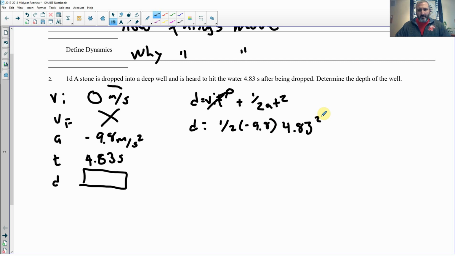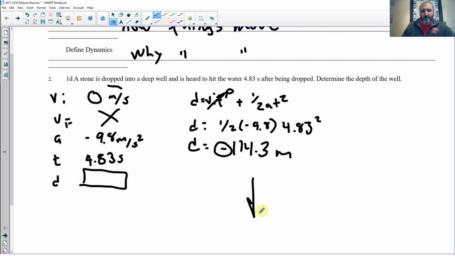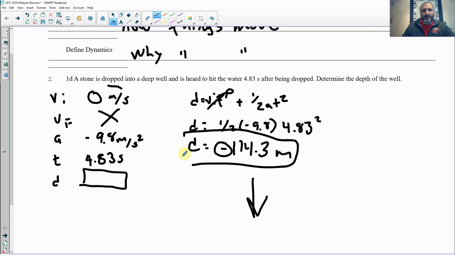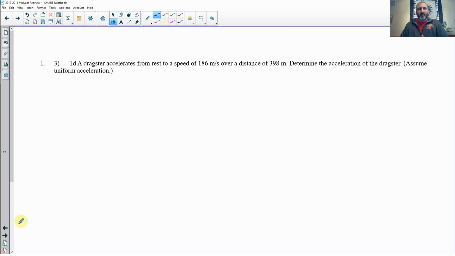And let's get out the calculator. Half of negative 9.8 is negative 4.9 times 4.83 squared. That should give us a displacement of negative 114.3 meters. And that would make sense because the negative means that the rock has dropped down. I hope you got that, and if you didn't, I hope you understand how to do it.